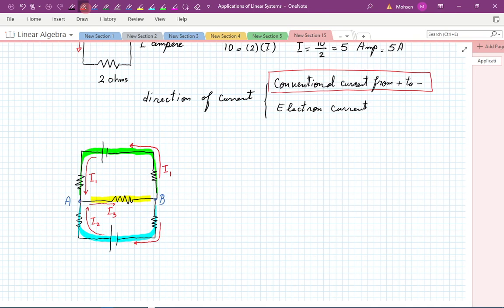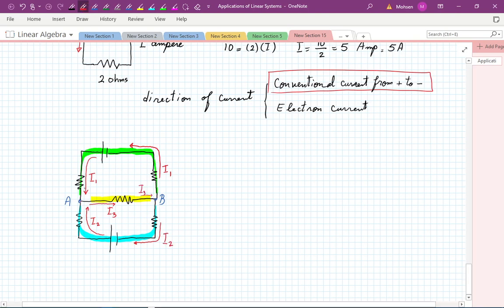And of course this I3 applies all the way from beginning to the end of this yellow branch, and at the end of it is going to be I3. Okay, so we have these nodes, and from node to node we might have several branches available. On each of them there is a single current that applies from beginning to the end of that branch.